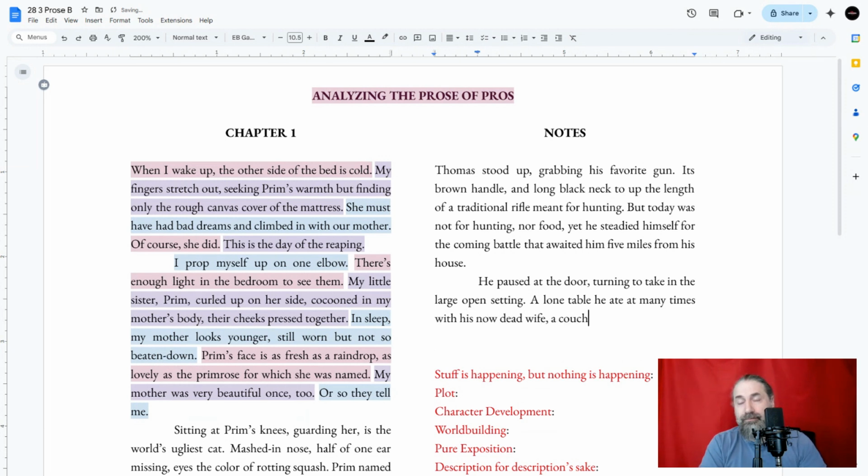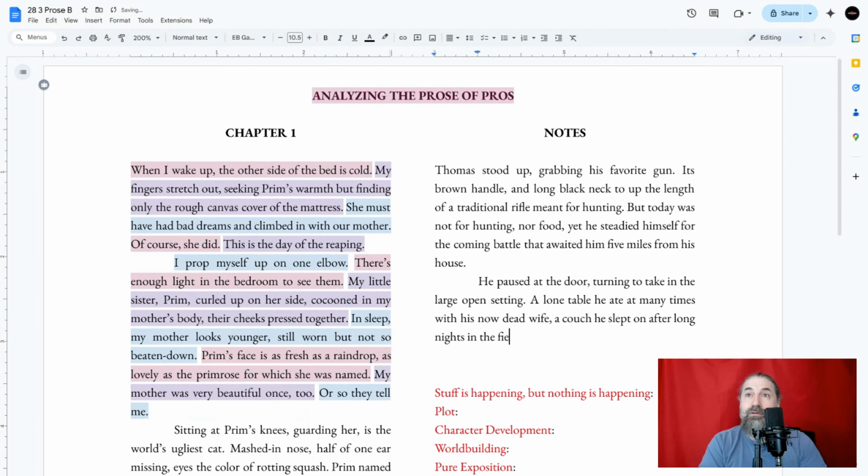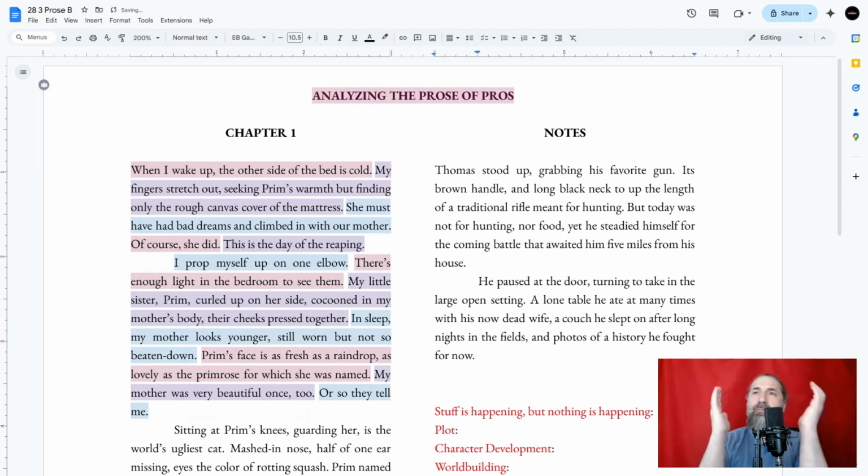A couch. The long nights in the fields. And photos of history he fought for.